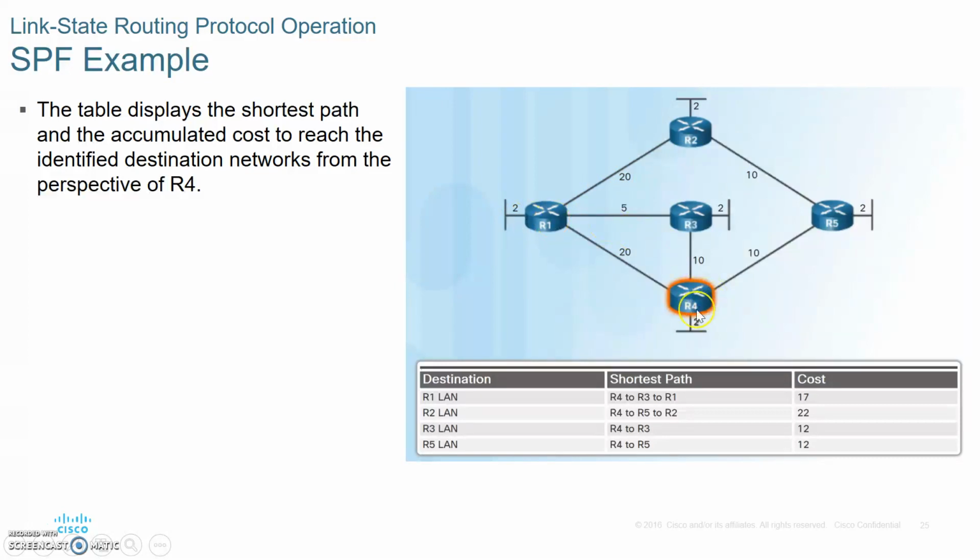So the best path is to go through R4, R3, R1, because this gives you the lowest cost of 17. Similarly, by running this shortest path algorithm, R4 is able to calculate the shortest path to go to R2, which is via R4, R5, R2, and then up here, the shortest path to the R3 LAN, and the shortest path to the R5 LAN. The path and the cost will be the lowest cost as compared to the other paths.